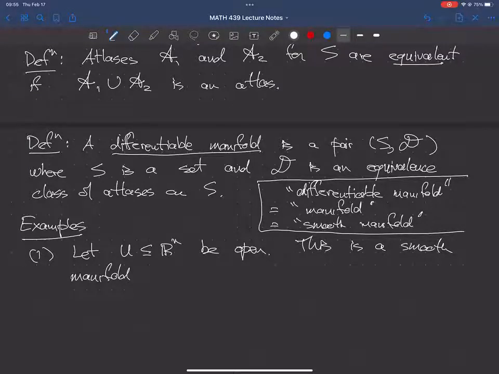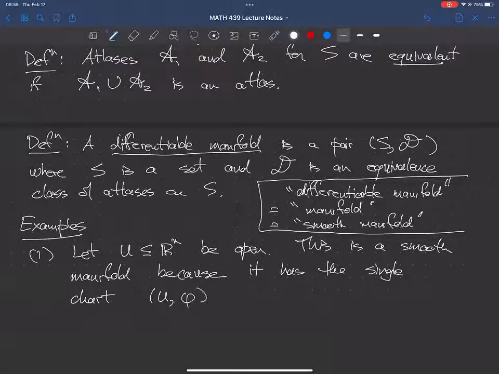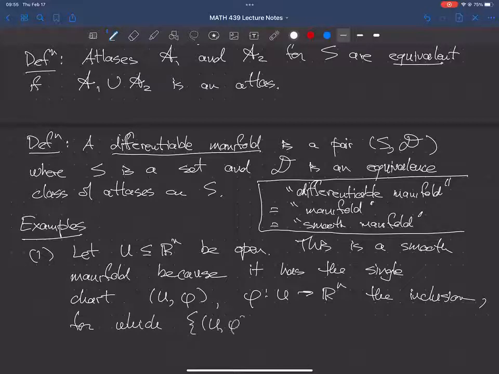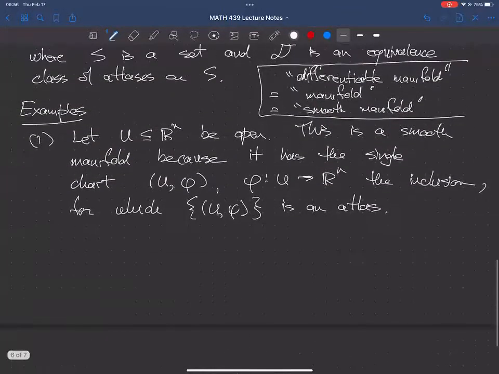The image of the inclusion mapping is U itself, which is open, so there's an obvious chart, and that chart covers all of U. So to summarize, it has an atlas consisting of a single chart. That's not typical.